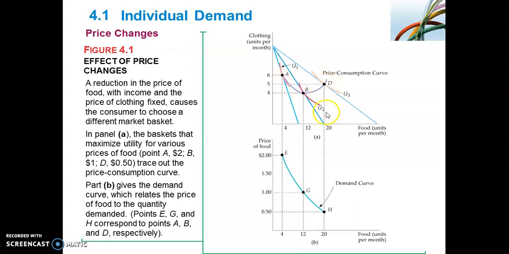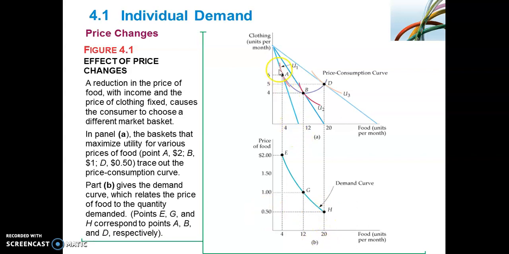Now, if we trace this point down to our demand curve, that corresponds to point G. Plotting this point for the quantity of food demanded in relation to its price, we have point H. So in figure B, you can see at 50 cents, you have 20 units of food being consumed.